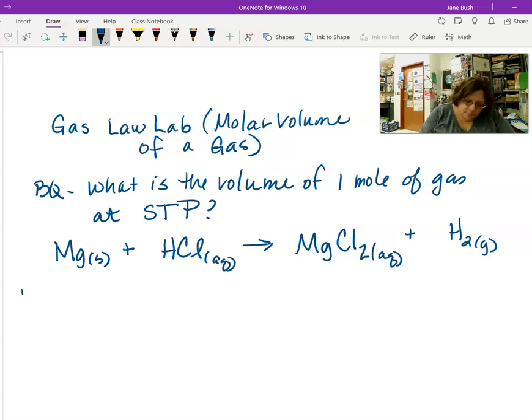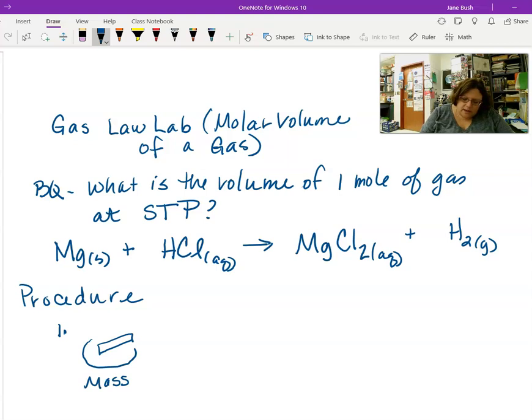Procedure. First, you're going to find the mass of a strip of magnesium. You're going to get a little piece of magnesium ribbon, gray piece of ribbon, and you're going to find the mass, and you're going to record that.